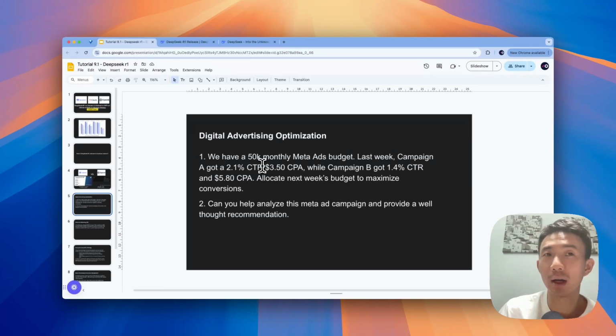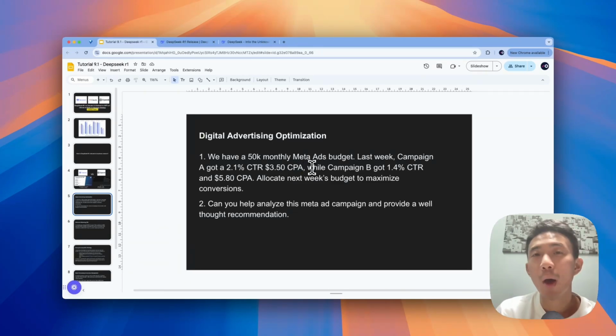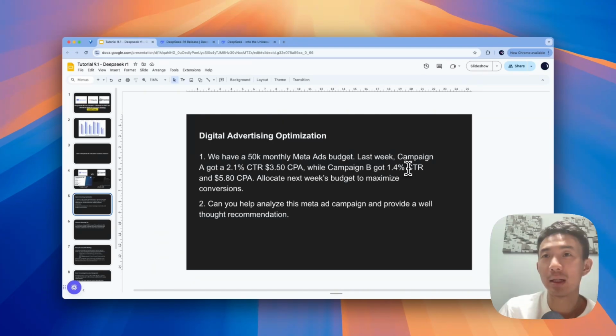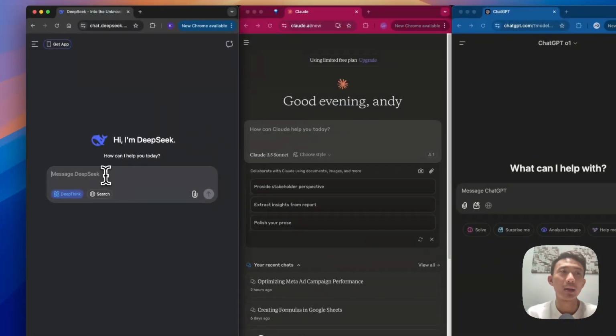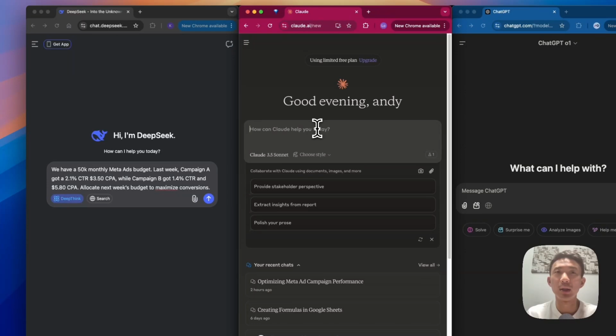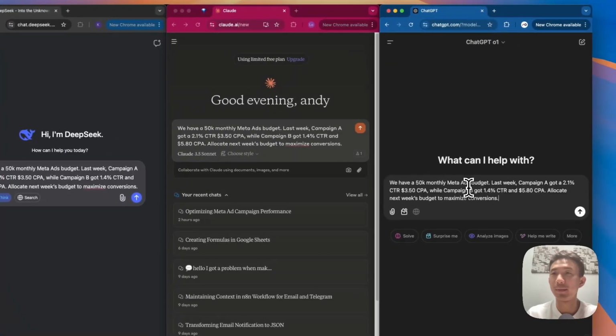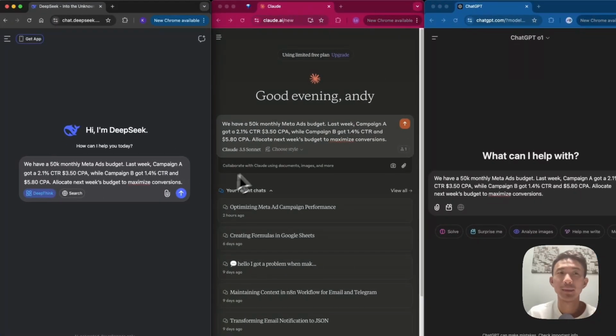CTR means click-through rate, and $3.5 CPA means cost per acquisition, while campaign B got 1.4% CTR and 5.8 CPA. Allocate next week's budget to maximize conversions. It is a simple task, so we can ask all of them to do it at once. Let's see how it goes.